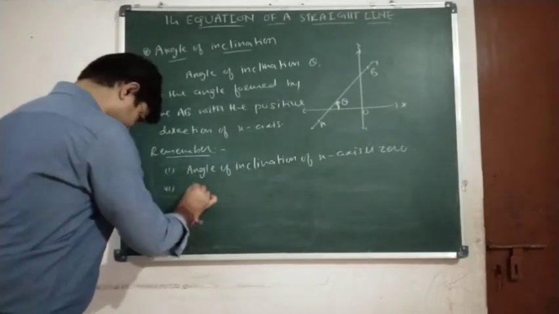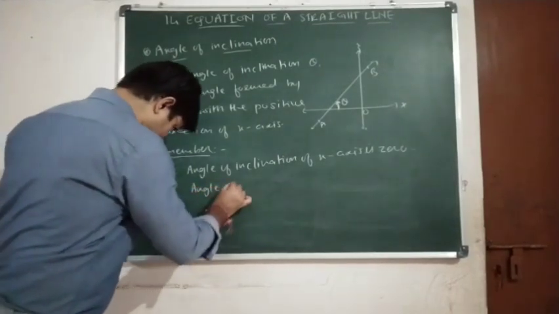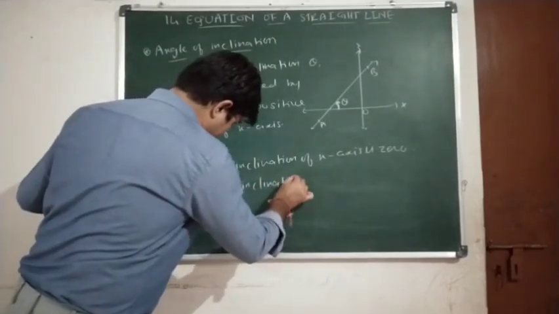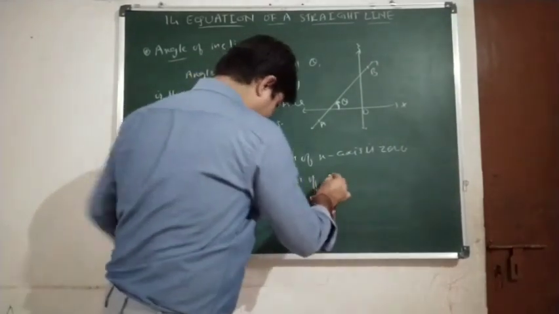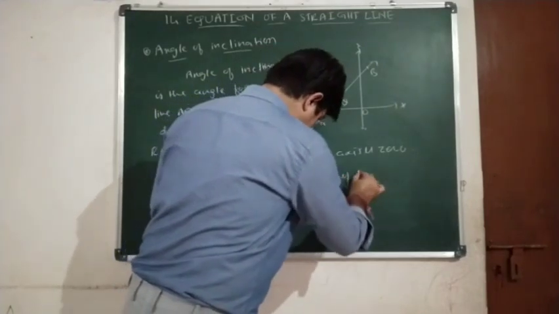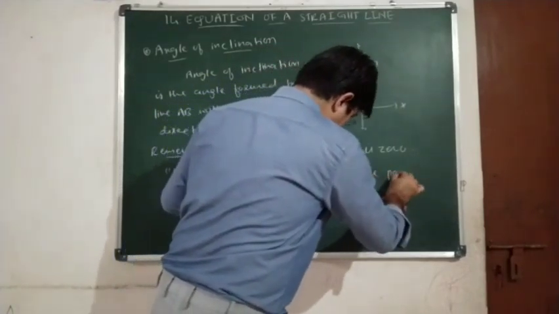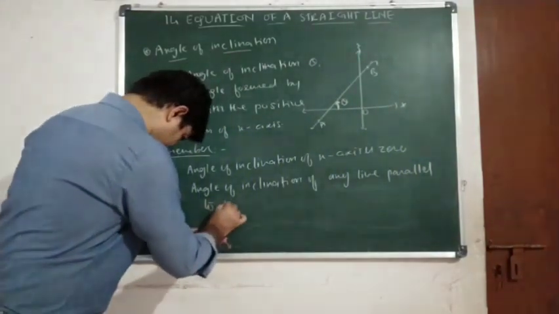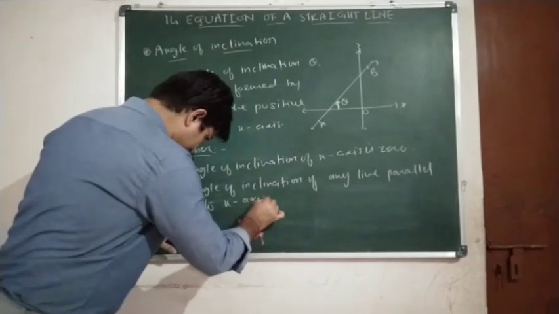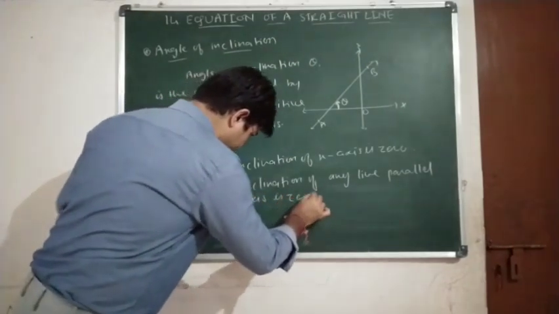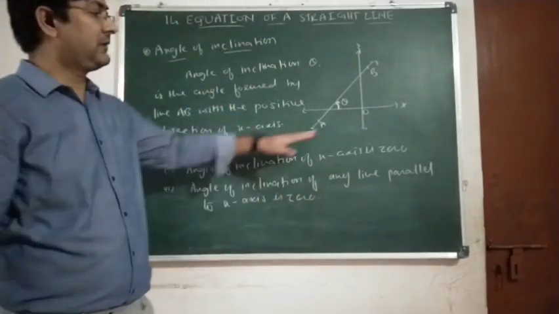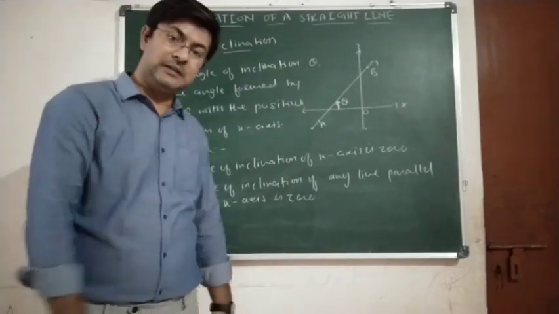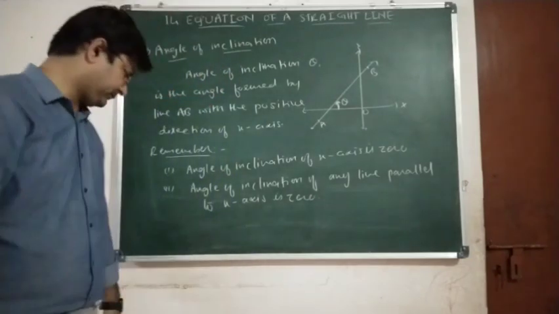Number 2, angle of inclination of any line which is parallel to x-axis is also 0. So if we have any other line which is parallel to x-axis, its angle of inclination will also be 0. Yes or no?